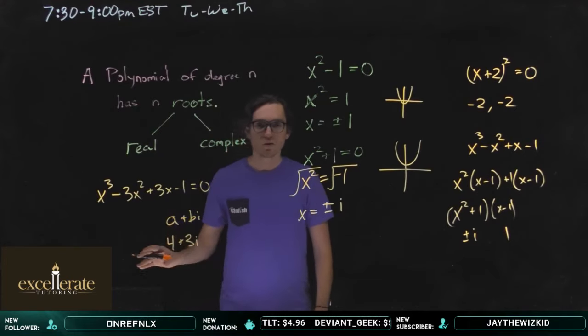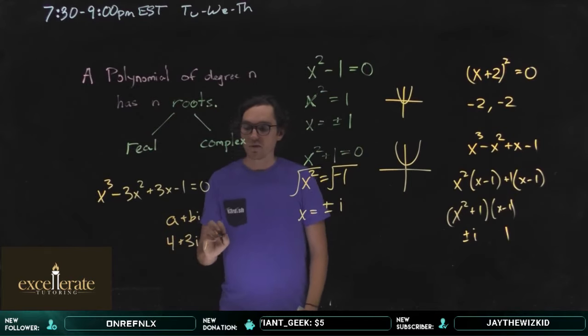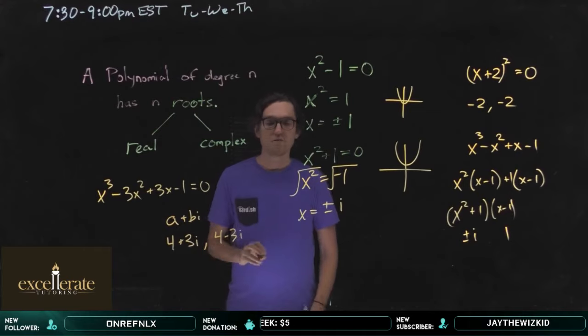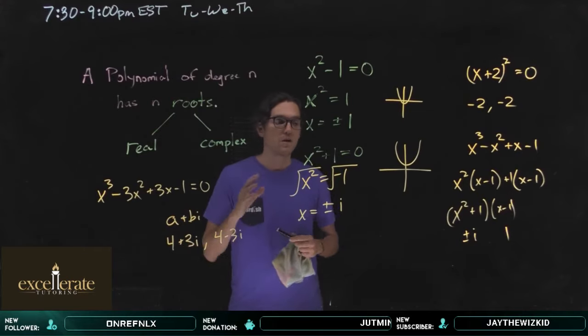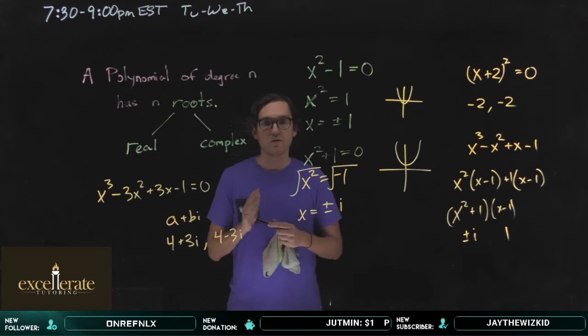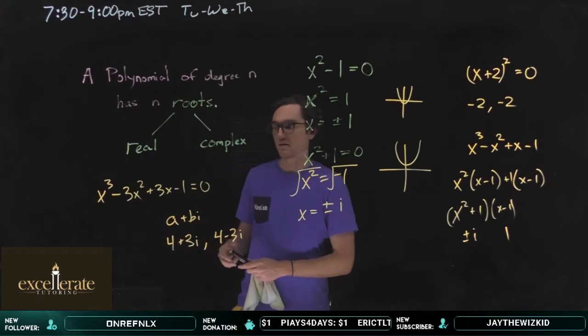If you have both of them together, you have a complex root. They will always come in pairs if they are a root. So 4 plus 3i will be an answer, and so will 4 minus 3i. Therefore, you're always going to have an even number of complex roots. You can't just have one complex root. If you got one, you have the one that's the opposite, with the minus instead of the plus.